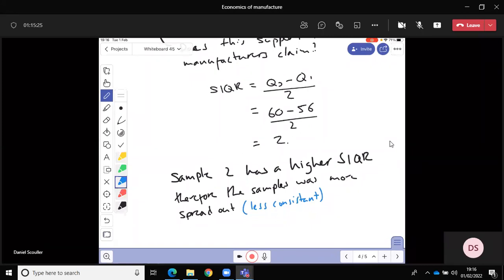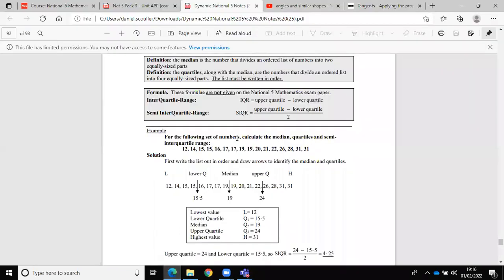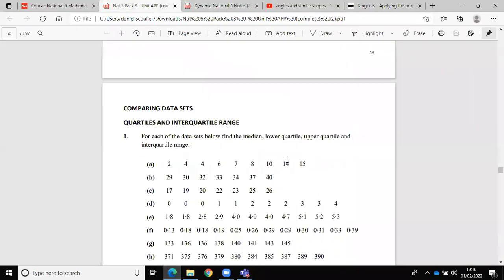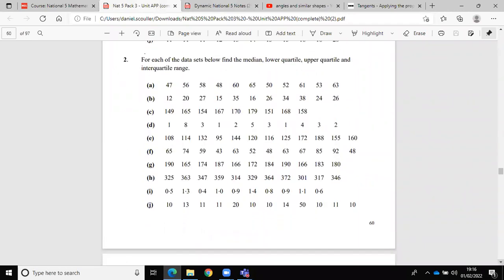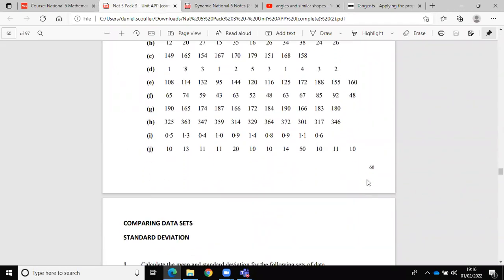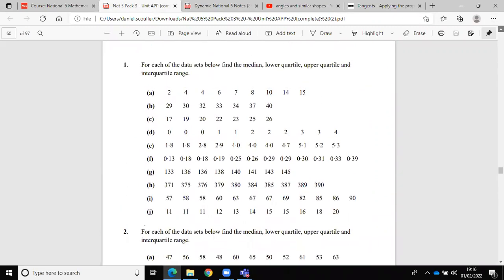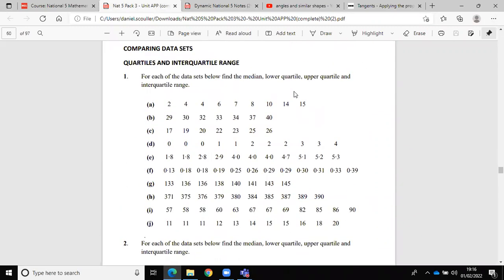Let's have a wee look. In pack 3, on page 60, there's just a bunch of data ranges that ask for the median, lower quartile, upper quartile.